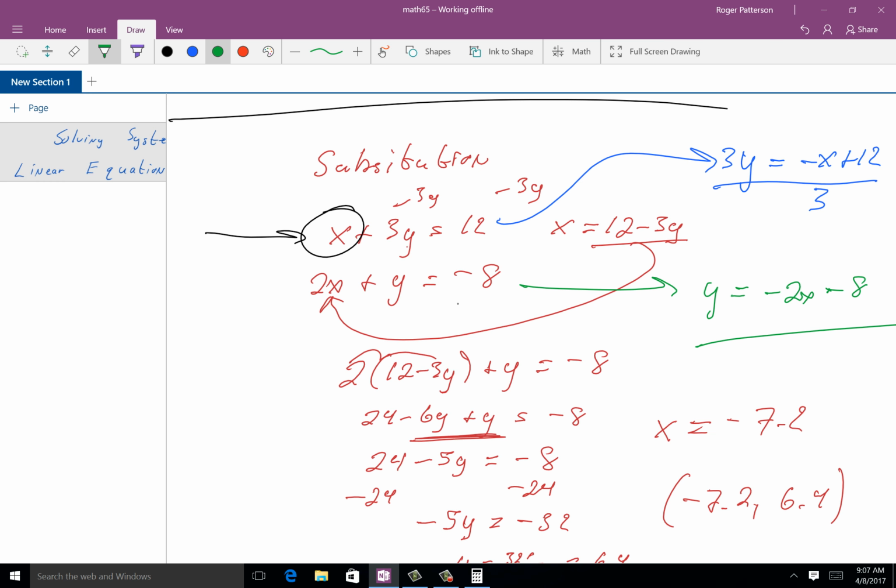And then I'm going to go y equals, and put my other one in there, which was negative 2x minus 8. And, oh, I have a red one and an orange one. I can't see where they cross. So I'm going to do whatever this is called. I don't know what the proper term is for it.